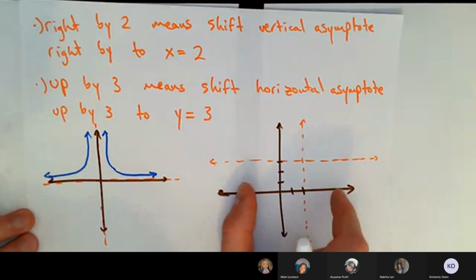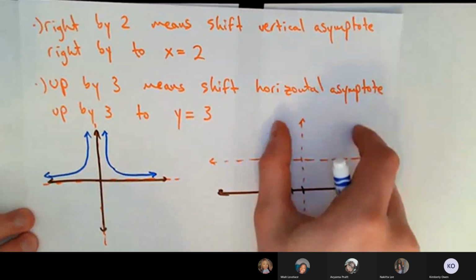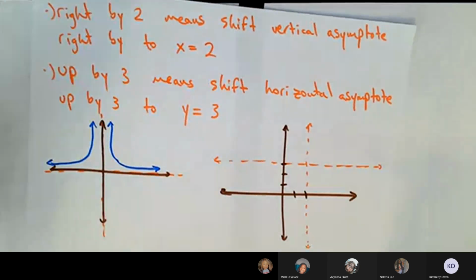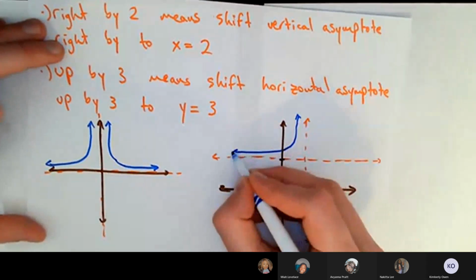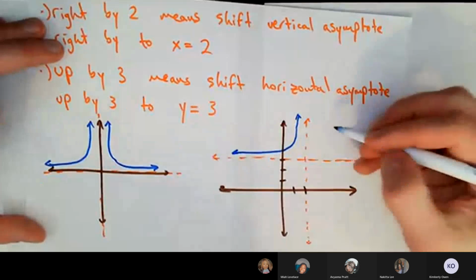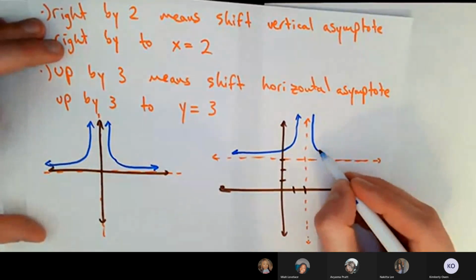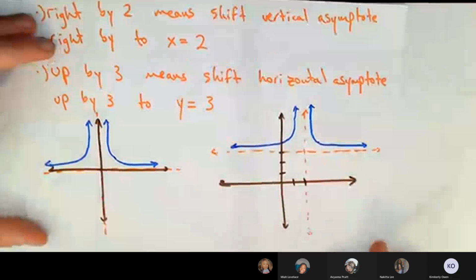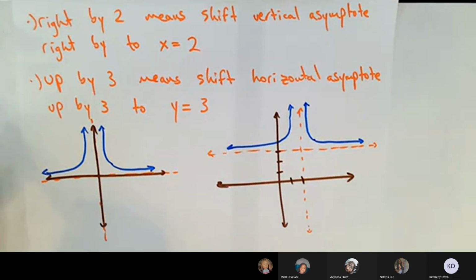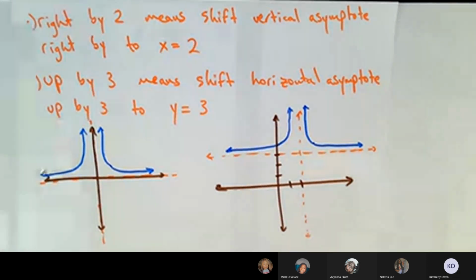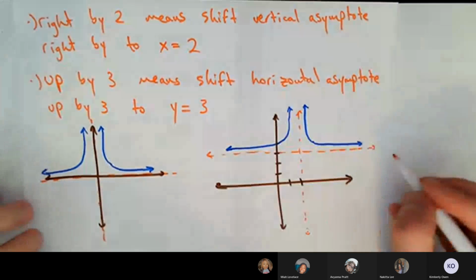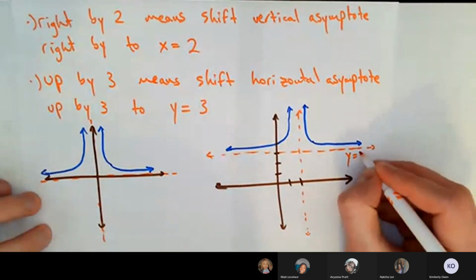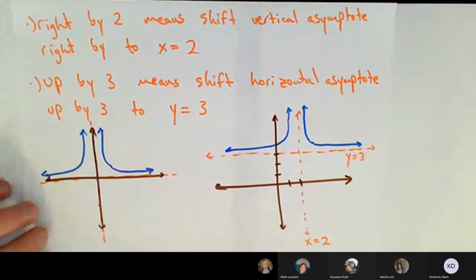We're going to have this shape for our shifted function. It hugs this line, and then same thing on this side over here. And there it is. So this new horizontal asymptote is y equals 3, and this new vertical asymptote is x equals 2.